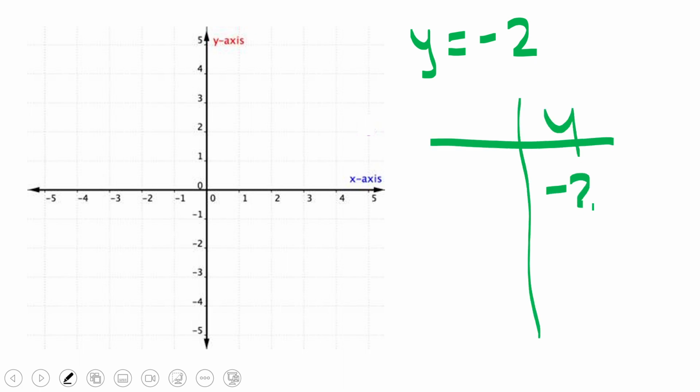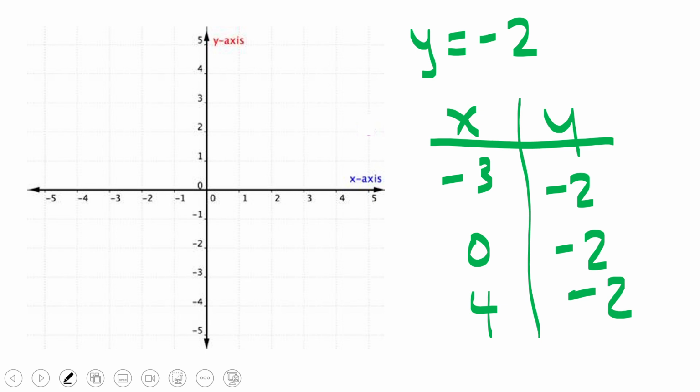Y is always negative 2. Well, what about when you pick values for that? What if x is negative 3, 0, 4? I am just grabbing numbers around 0. I'm choosing them. What we're given, though, is y is always negative 2.